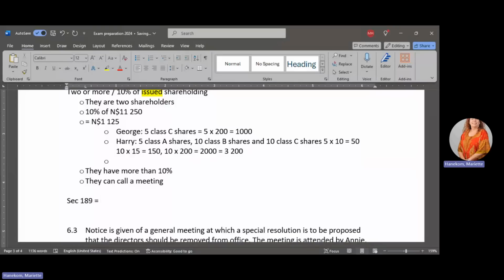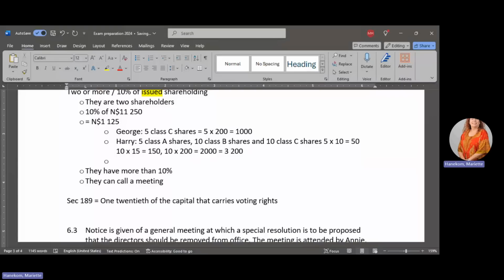One of the reasons why they suddenly could not do this is that section 189 in the handout refers to 1/20th of the capital that carries voting rights.